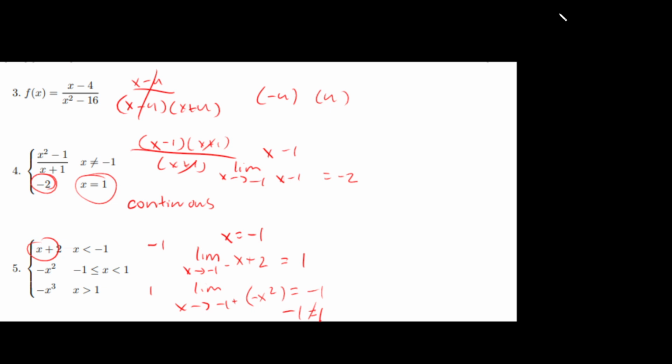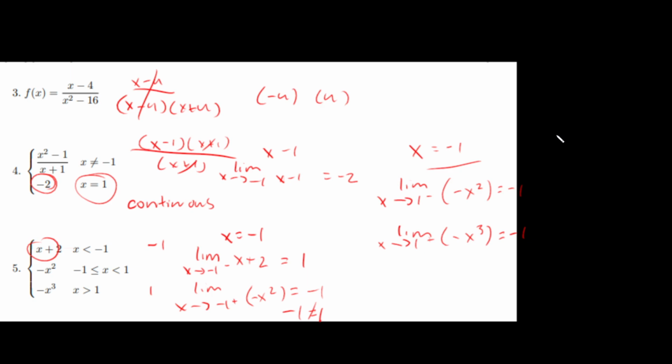Next one, x equal to 1. The limit as x approaches 1 from the negative side of negative x squared is equal to negative 1. The limit as x approaches 1 from the positive side is also negative 1.